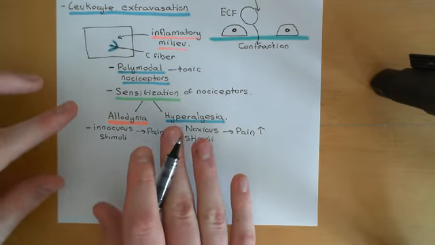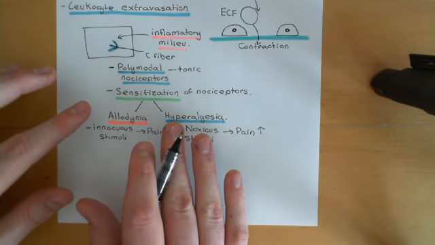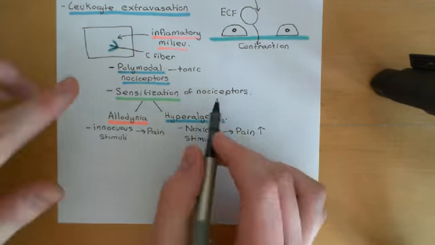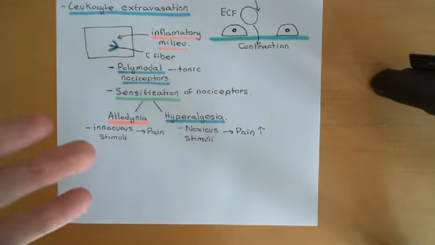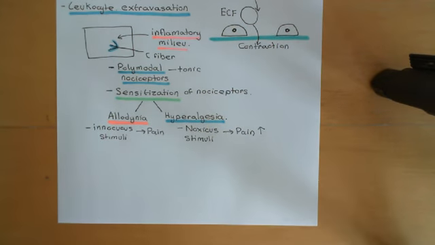So that's the part of sensitization of nociceptors, and this is going to occur for all of them. Basically, all of the different nociceptors, the thermal nociceptors attached to A delta fibers, the mechanonociceptors attached to A delta fibers, and the polymodal nociceptors attached to C fibers, all of them are going to become much easier to activate.